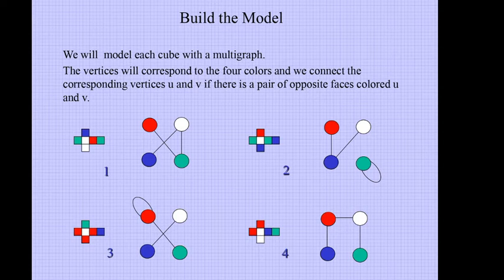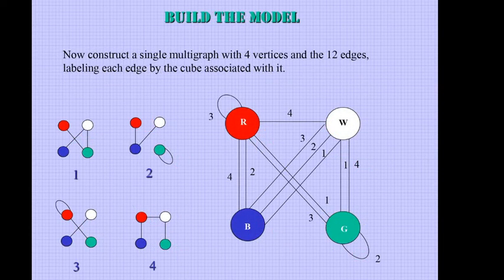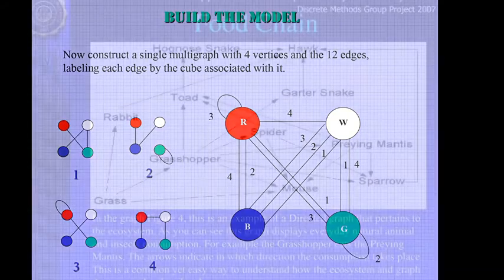Here blue and white are opposite colors, so there is an edge between blue and white. Similarly, green and white are opposite colors, so there is an edge between green and white. Using this constructive model, we construct a multigraph containing all the 4 cubes.